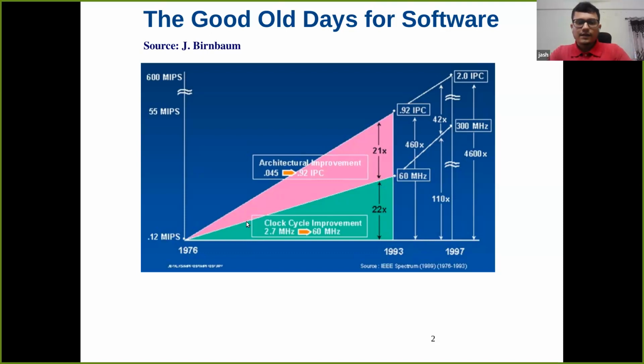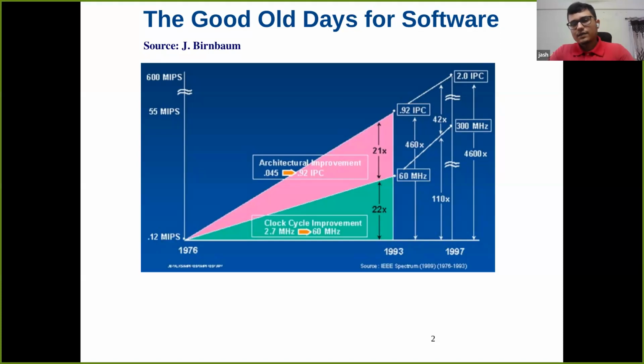The reason behind this is that there were three things. First is the clock cycle improvement. Apart from that, there were architectural improvements happening at the chip level, at the computer architecture level. Also, more and more transistors were getting placed inside the hardware chip.